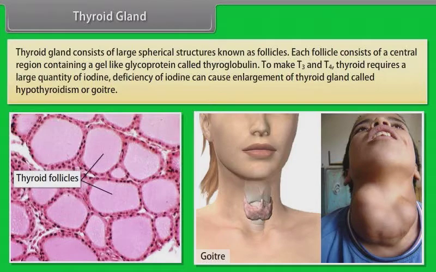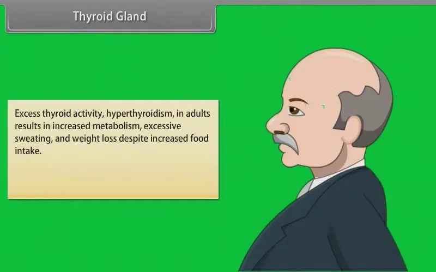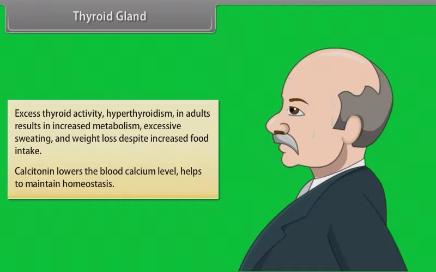Deficiency of iodine can cause enlargement of the thyroid gland called goiter. Excess thyroid activity, hyperthyroidism, in adults results in increased metabolism, excessive sweating, and weight loss despite increased food intake. Calcitonin lowers the blood calcium level and helps to maintain homeostasis.